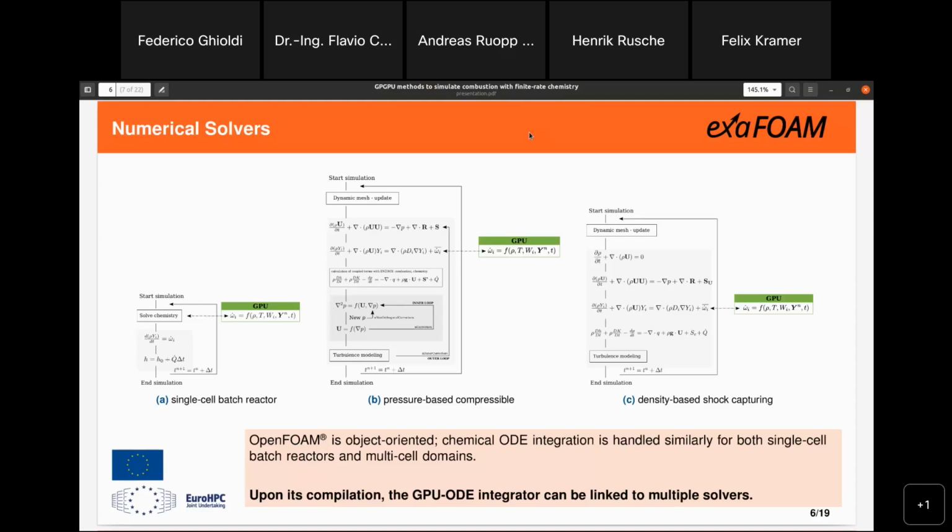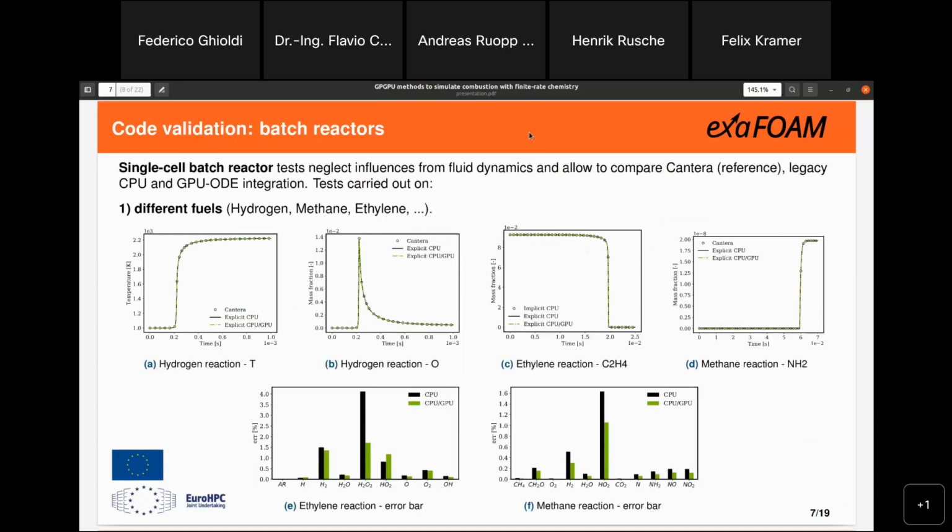We decided to start by using single-cell batch reactors for one particular reason. As I said, what we get from the GPU is the reaction rate, which could be modified by means of combustion models. But to validate the result that we get from this kind of operation on the GPU, we wanted to avoid any possible influence from external factors.